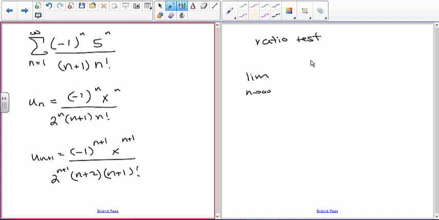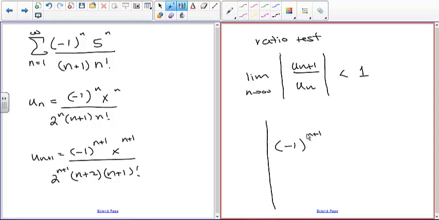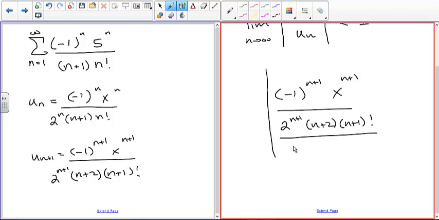So what you do is you take the limit of u sub n plus 1 over u sub n, and for this to converge, that has to be less than 1. So we'll plug in u sub n plus 1 in the numerator of this fraction, and then we plug in u sub n in the bottom.